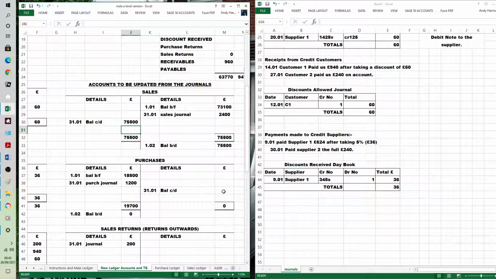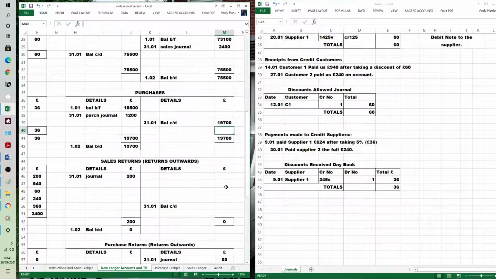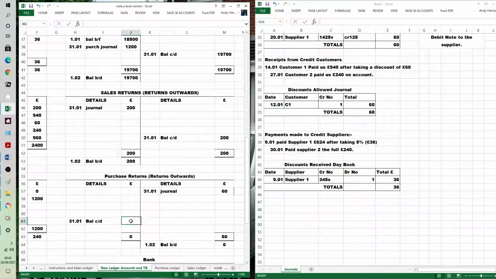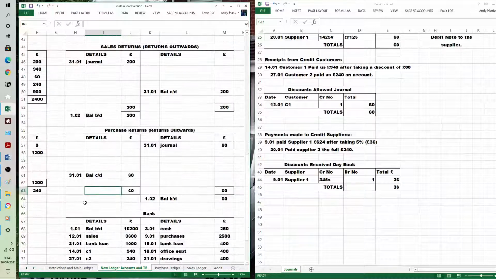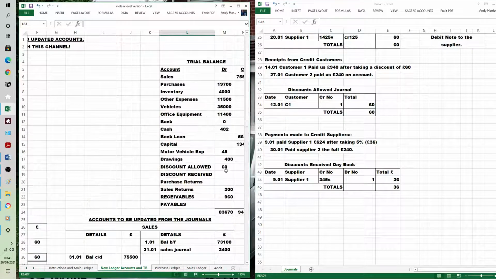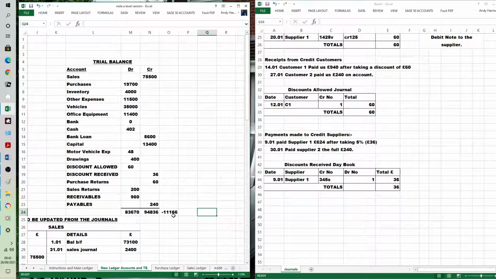These are all one-sided accounts, so there you go, being quite quick. And what you could see then, updating our trial balance magically. One last figure to go in, and hopefully it will come out 11166, because that's the missing figure.